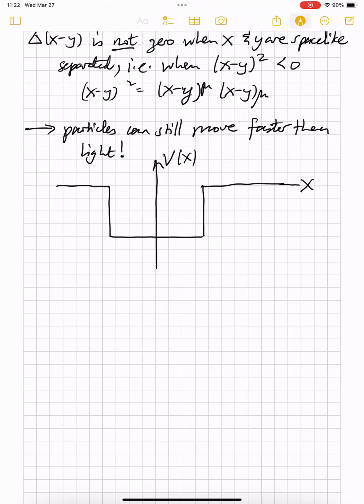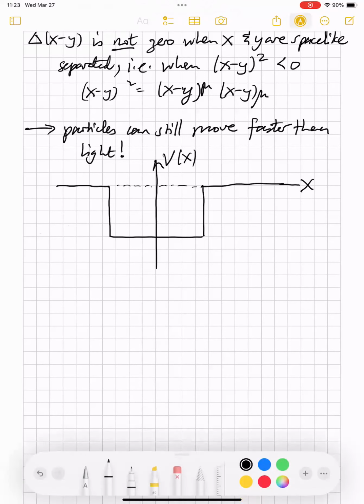So this is the x-axis. If the particle has some negative energy, so it's got an energy less than naught, then it's bound, it's trapped inside this potential. But what does the wave function psi of x look like?